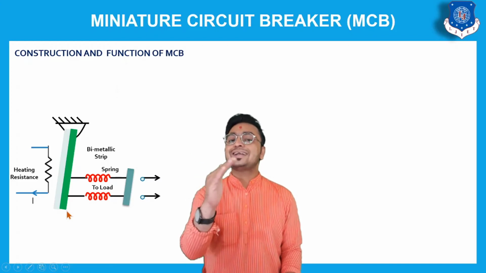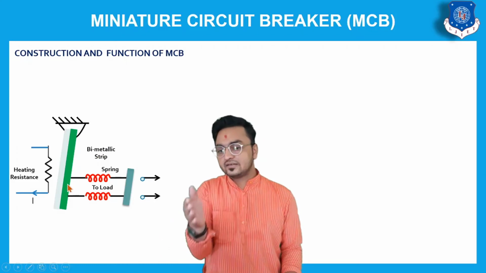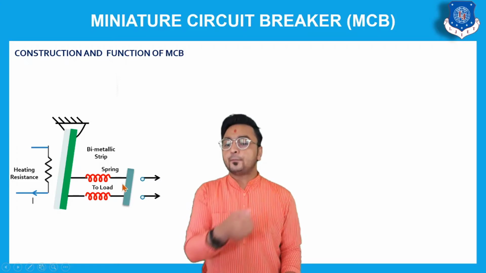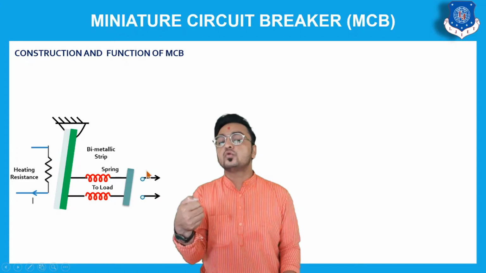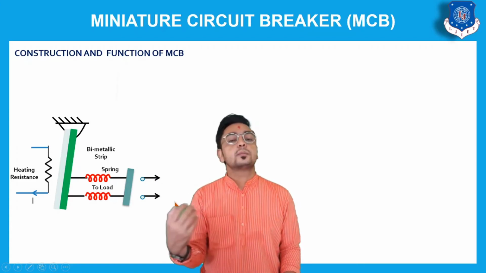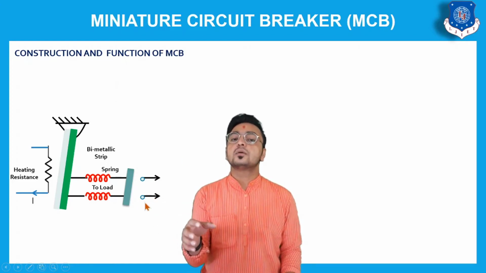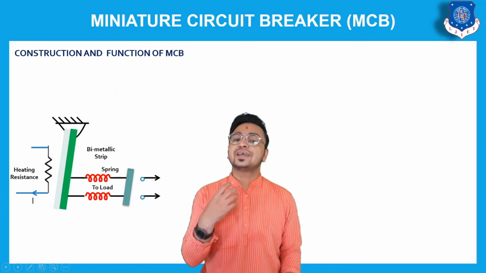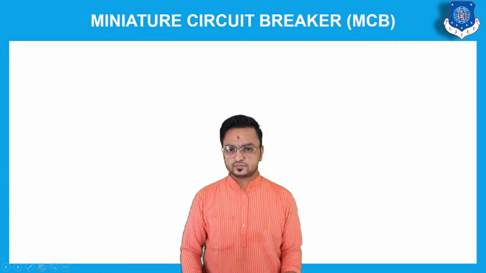It will bend this plate down, and as it bends, as we can observe in this diagram, that will pull this spring, and as the spring is pulled, that will pull out the contact, and that will break this circuit. So this is the first method by which this MCB can operate for a high current or excessive current.